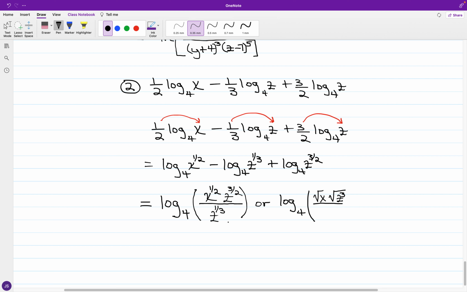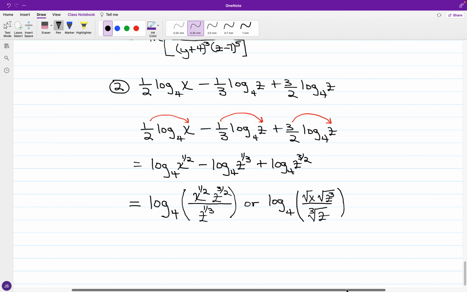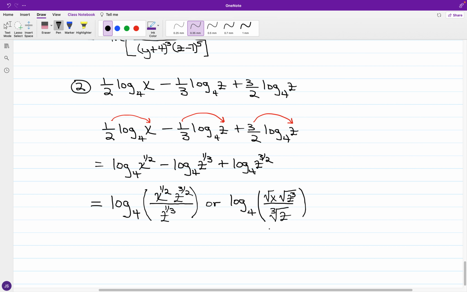And for z to the 1/3, I just happened to notice something: I meant for this to be a different letter, but we'll work with this anyway. So you had the base 4 logarithm, with x to the 1/2, z to the 3/2, and z to the 1/3.